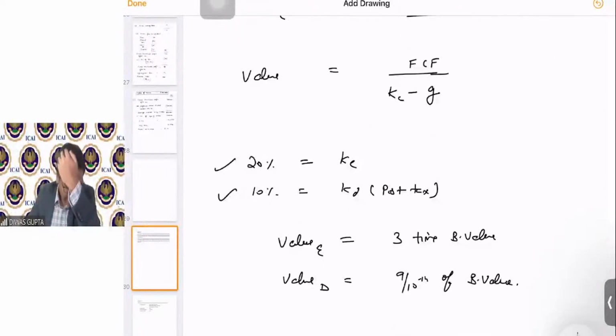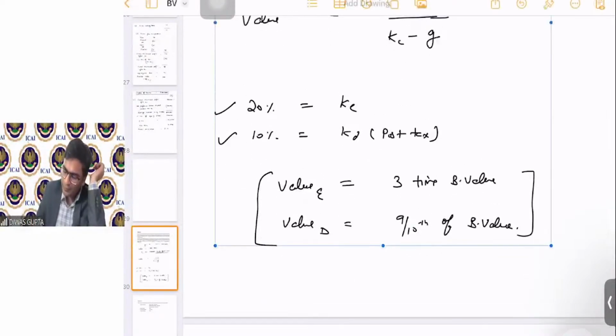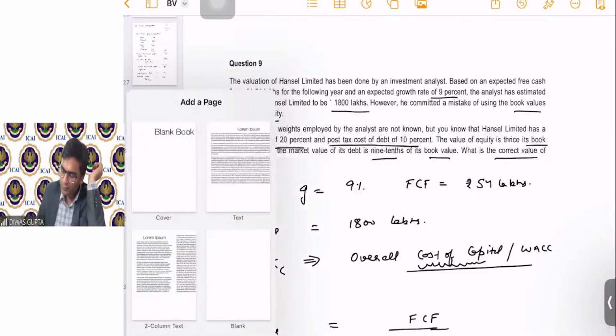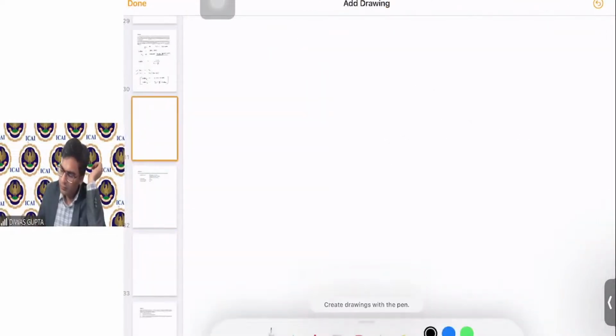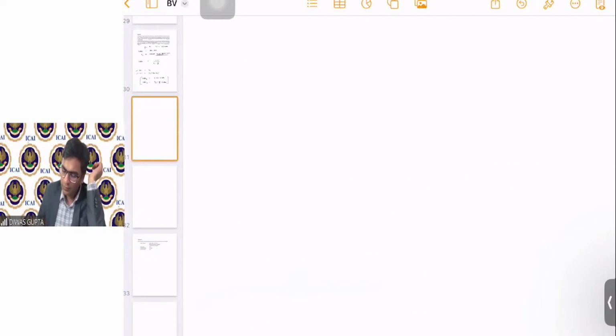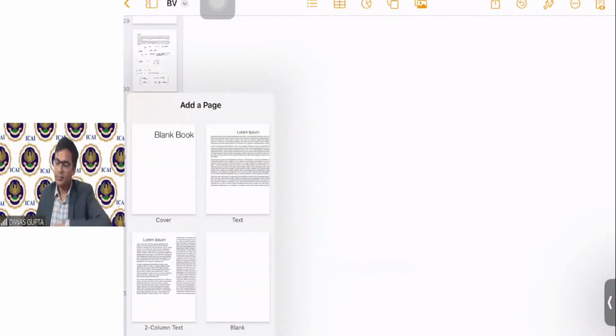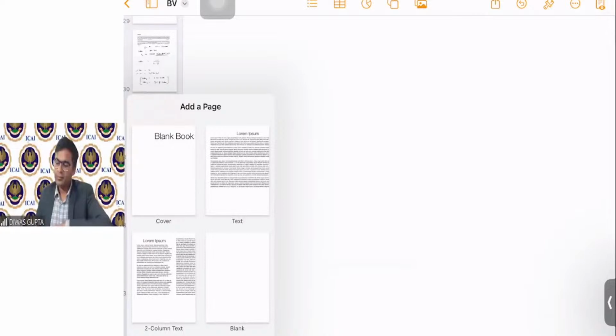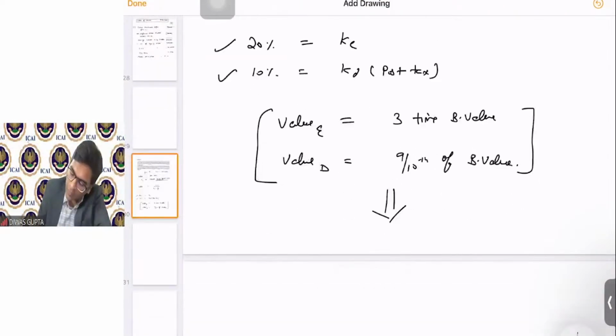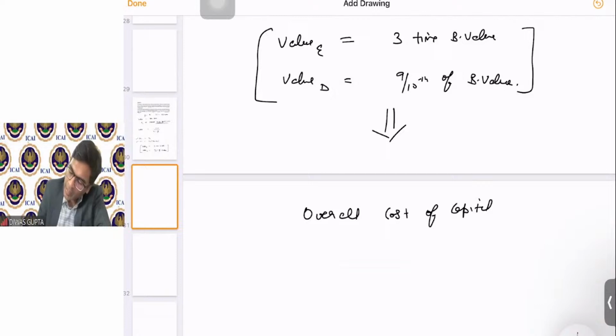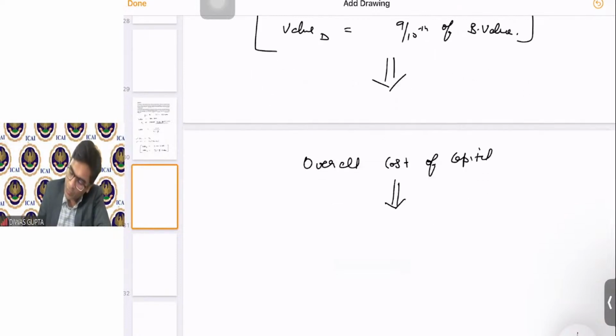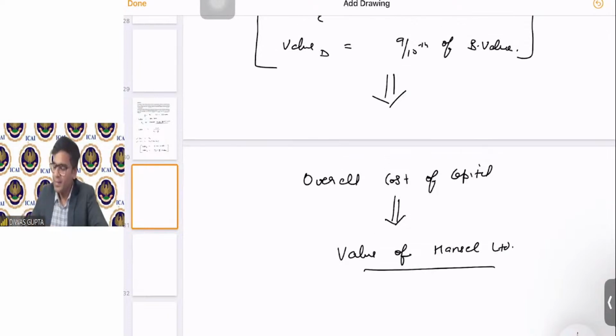So in a way, they are asking us that if you use these correct weights to calculate the overall cost of capital, using that you calculate the revised value of Hansel Limited.